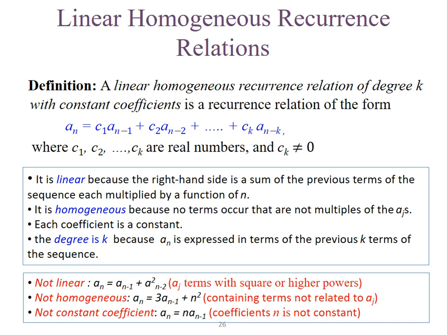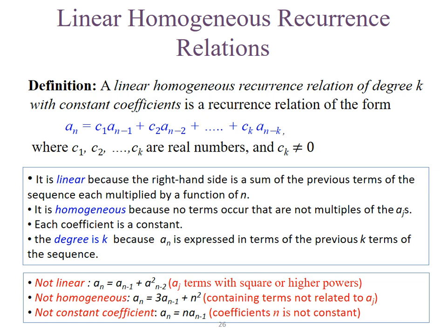Then for non-homogeneous: if a_n equals 3 times a_{n-1} plus a squared, now we know there is a term that is not related to the previous terms, so this is not homogeneous. For a non-constant coefficient example, if the coefficient is some variable related to n, for example n times a_{n-1}, then it's not a real number, so the coefficient is not constant.